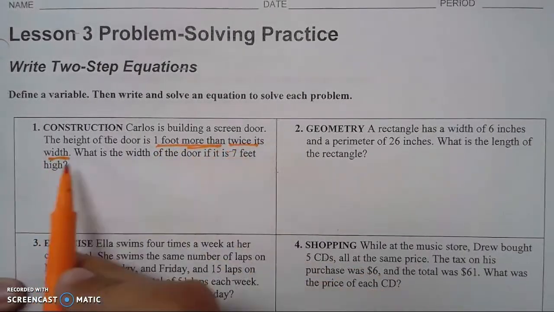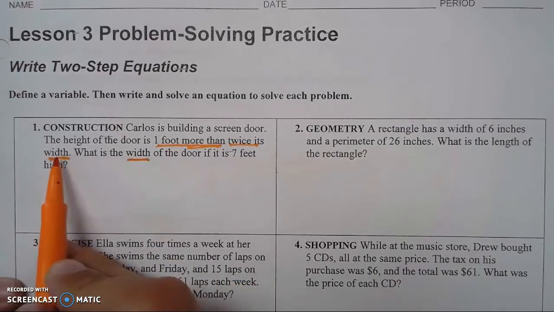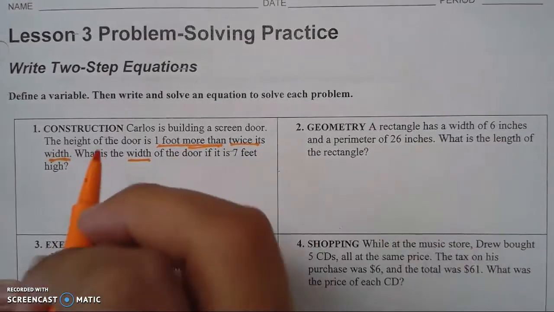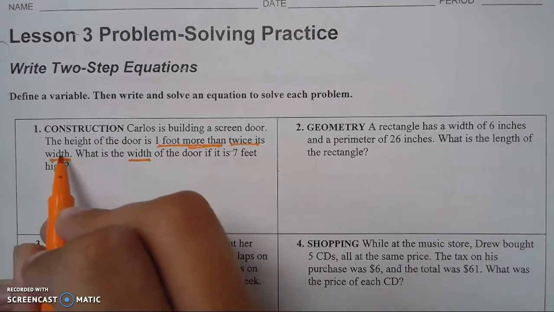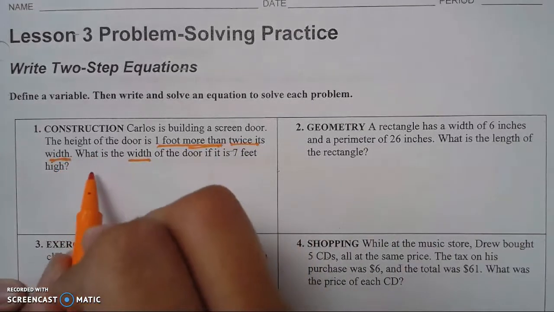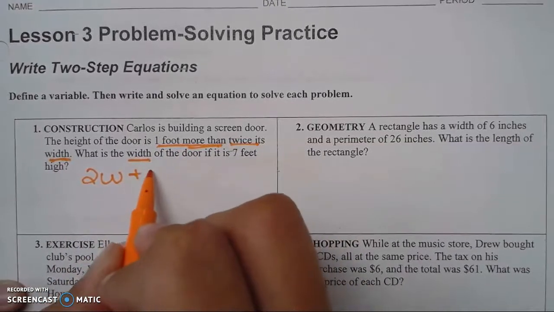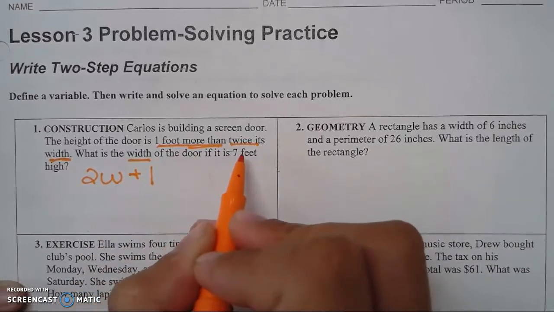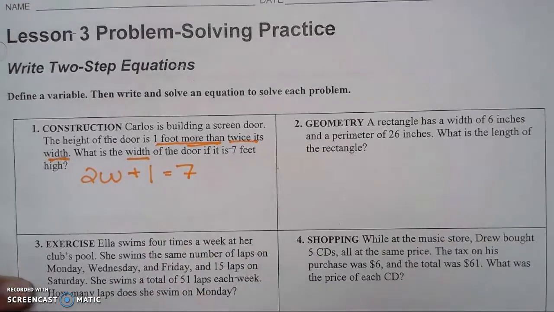So remember, twice its width, since we're trying to find the width of the door, this is going to be our variable, and it's going to be twice that. So I'm going to use W for width. You can use X, you can really use any variable that you want, but since it's the width, I'm just going to use W. So twice the width, more than, so plus 1, and then is 7. So there's our equals right there, is 7.